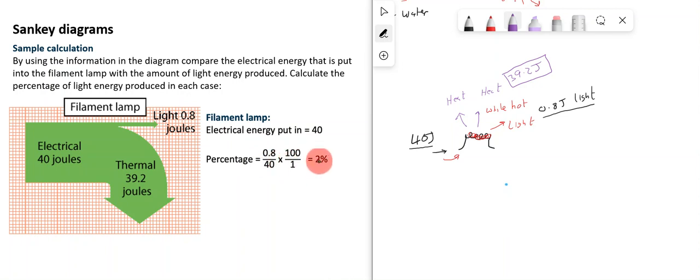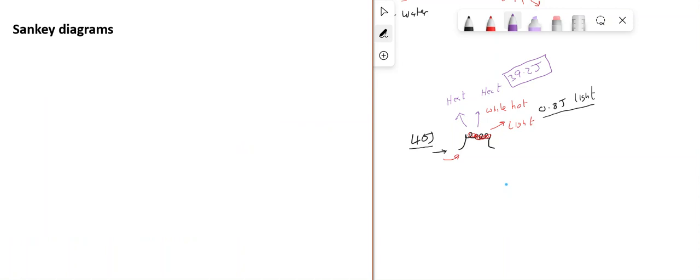So we can see that it has a 2% efficiency. What that means is that of the amount of energy it takes in, only 2% is being turned into light energy. So the filament lamp turns 2% of the electrical energy into light energy.